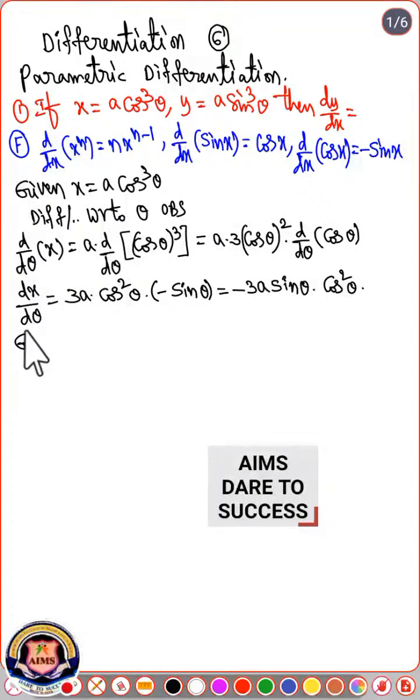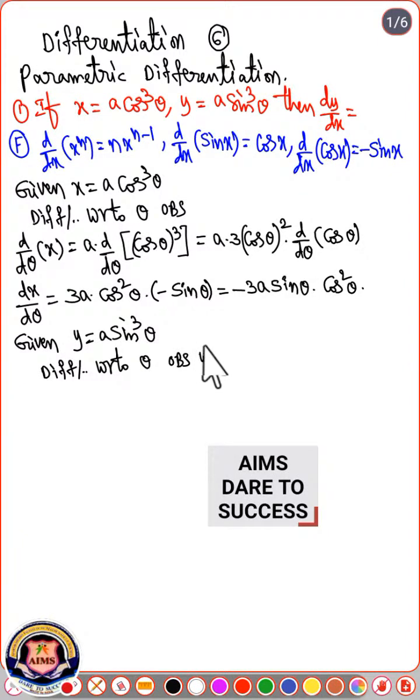Next, the given second value is y is equal to a sin cube theta. Similarly to the previous one, differentiating with respect to theta on both sides, we get d by d theta of y is equal to a, the constant, and the coefficient of sin cube theta.